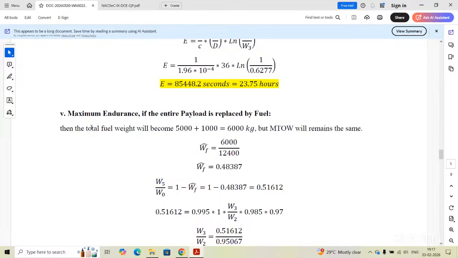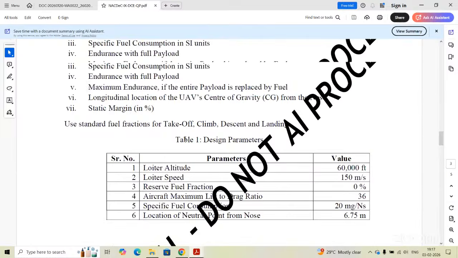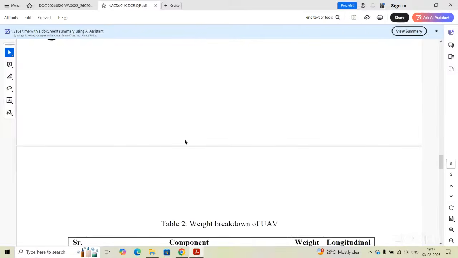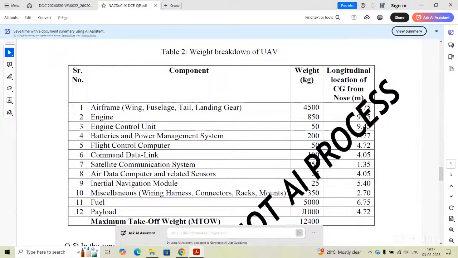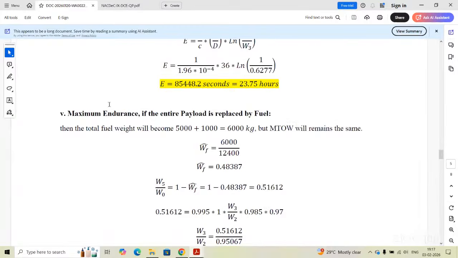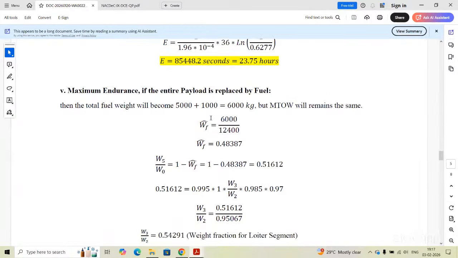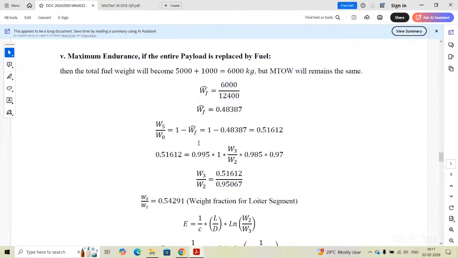Then maximum endurance, if we replace the entire payload with fuel, so what will happen in the weight breakdown table? This payload of 1000 kg will be replaced by another 1000 kg of fuel. Now the fuel has changed from 5000 to 6000 kg. So when we take fuel as 6000 kg, the fuel weight fraction will change, and accordingly the loiter weight fraction will change.